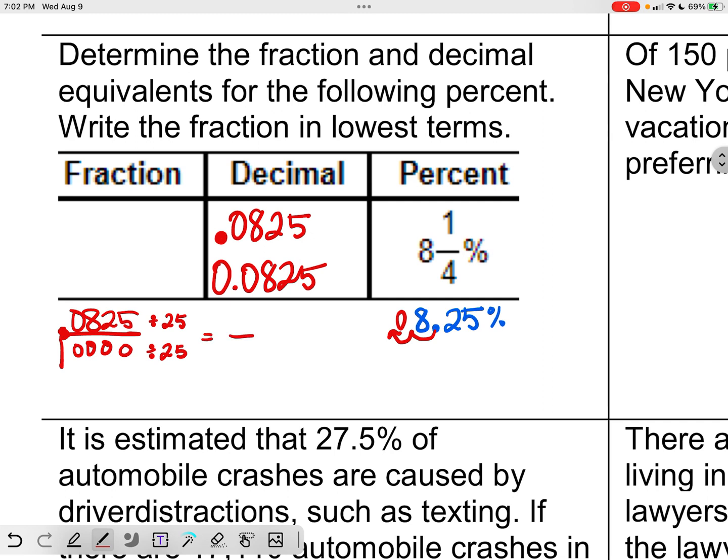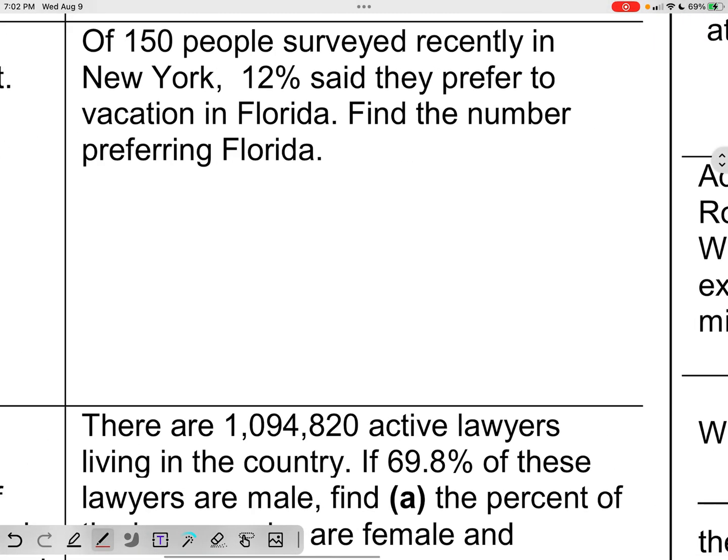Quarters. 4, 8. Oh, just 40. So 400. And then on top, I'm so sorry, 33. So that'd be 33 hundredths. Excuse me, 33 400ths. Okay.